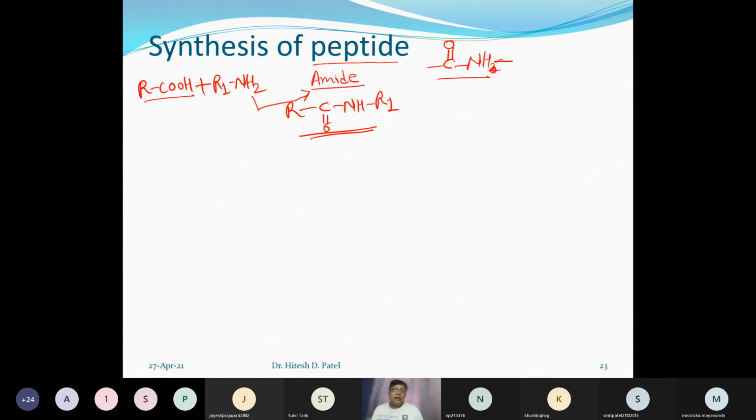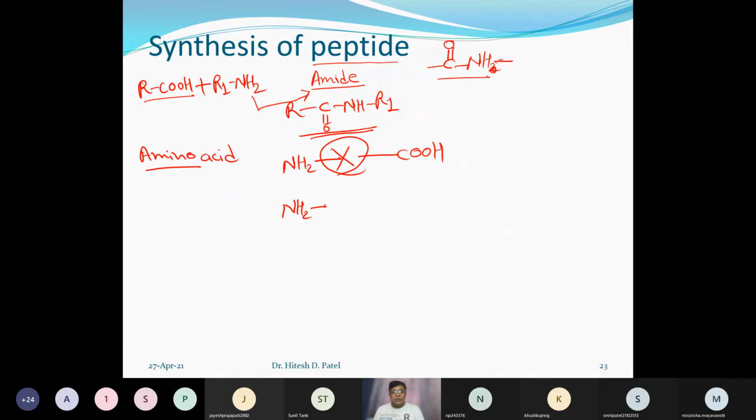But when we call it a peptide, I think everybody is familiar with the amino acids. Amino acid means, as the name itself says, there are two groups, amine, here X something, and COOH. In another compound we are having NH2, something Y group, and COOH group.